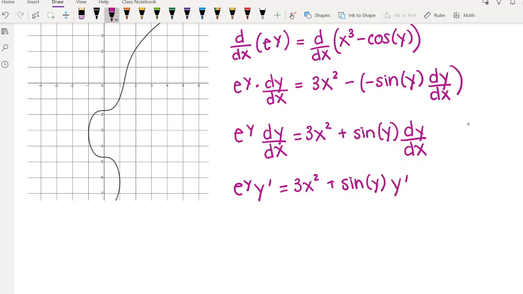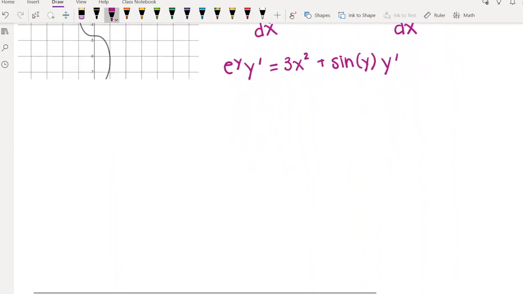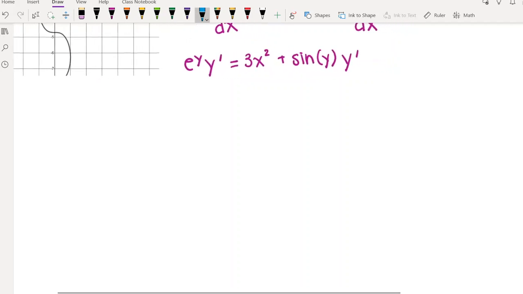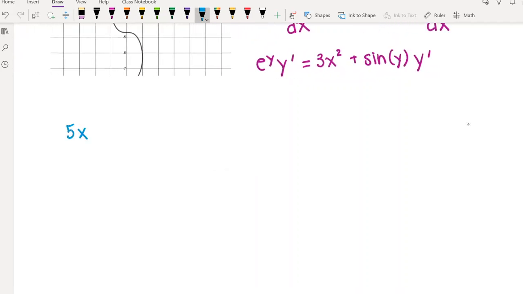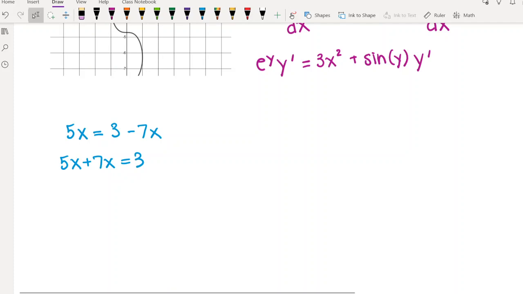So how are we going to go about solving something like this? Let me do, again, an unrelated side example. Let's say you were trying to solve something that looked like 5x is equal to 3 minus 7x, and you're trying to solve that for x. What would you do? You would want to gather all your x's to one side, right? So you would add 7x to both sides and go from there.